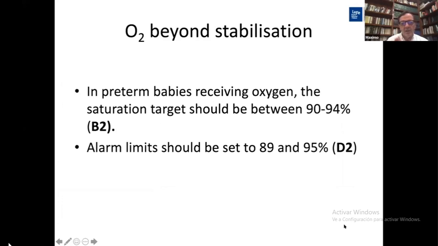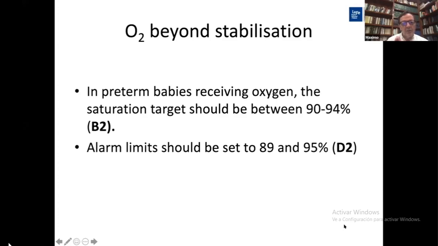This is from the trials that were done about 5 to 10 years ago. The 5 trials of the NeOProM suggested that higher ranges could lead to increased ROP, and lower ranges could lead to increased mortality and necrotizing enterocolitis.